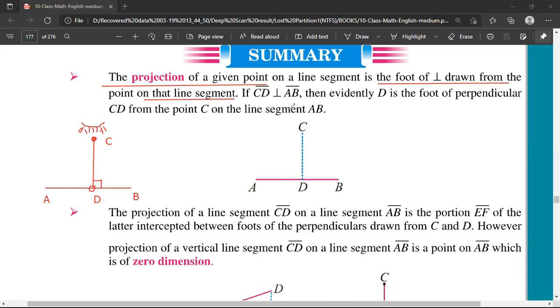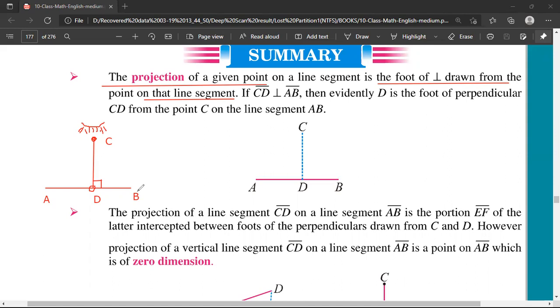We will move next to the further definition, and this concept is elaborated further for the projection of a line segment. Means we will extend this definition of projection of a point to the projection of a line segment on another line segment.